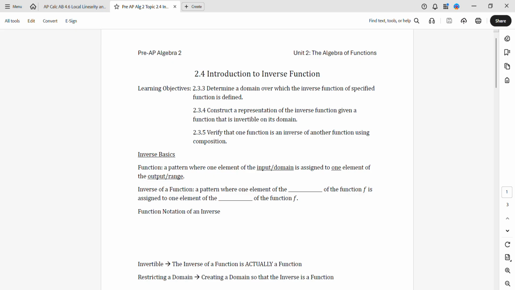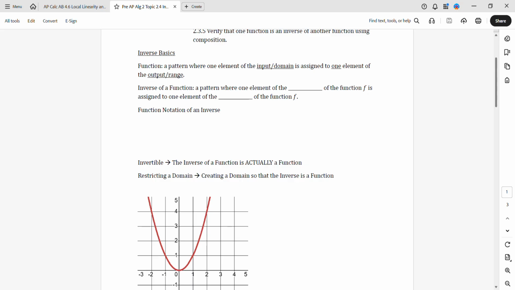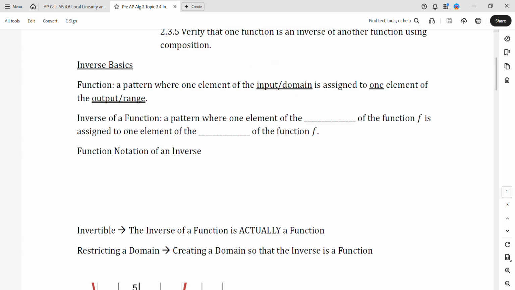So to borrow some of that language from earlier, defining what a function is very important. We said it was a pattern where one element of the domain, or the input, is assigned to one element of the output, or the range. So then the inverse, this is really important.